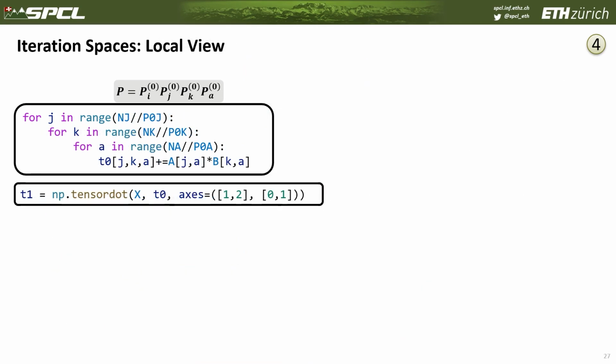In the local view, the expressions are simpler because we don't involve the process coordinates anymore, but only the extents of the process grid in order to compute the size of the block that is assigned to a process. So we can see here that again we have the process local slices of the data and the iteration spaces, but in local coordinates.